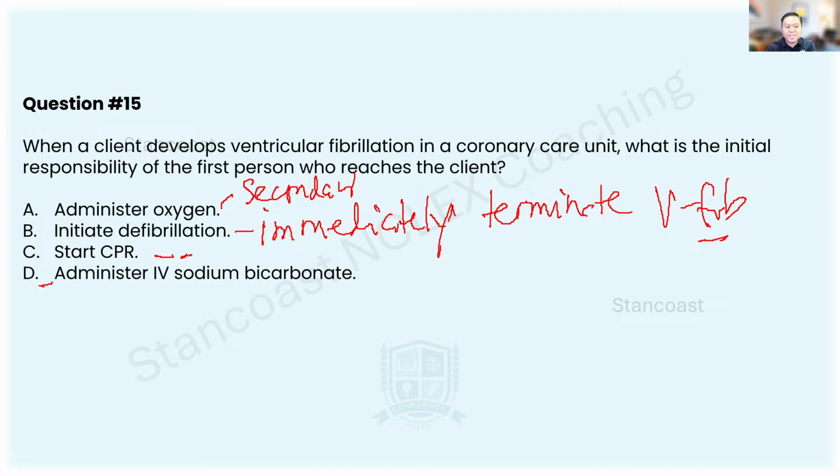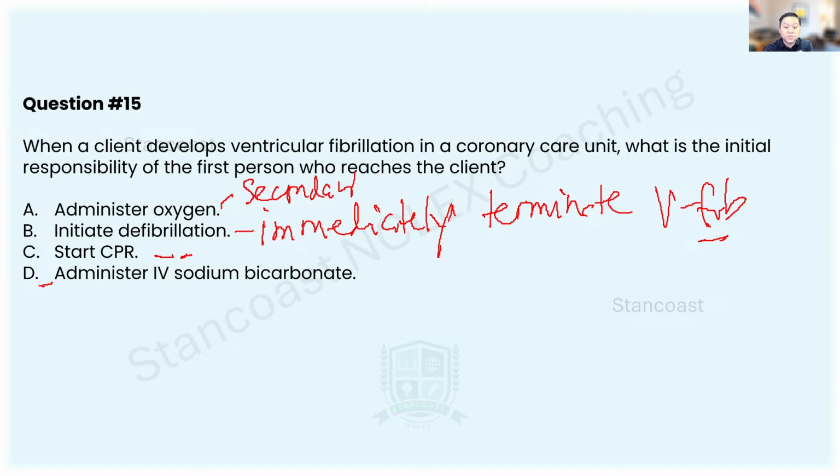Now, letter D, administer bicarbonate. Is that appropriate for this patient? Would you administer the sodium bicarbonate? Well, it can be helpful, guys. It can help in certain situations, especially with metabolic acidosis. But again, this is not going to be our first line of action in the case of ventricular fibrillation.